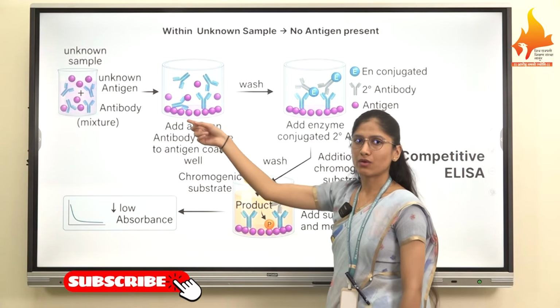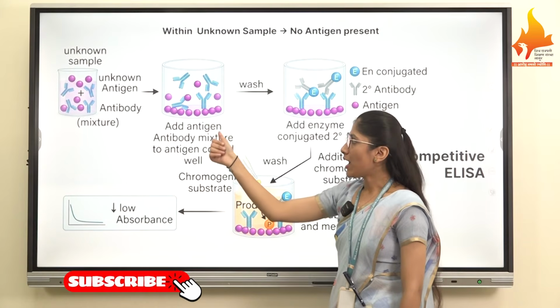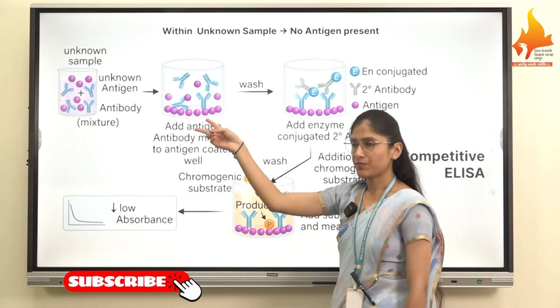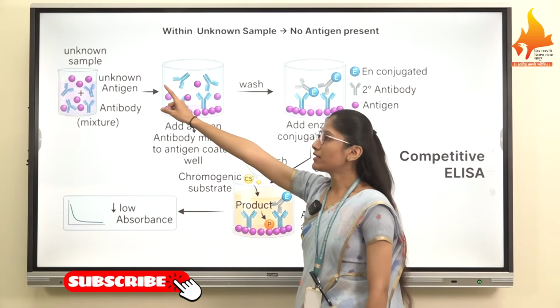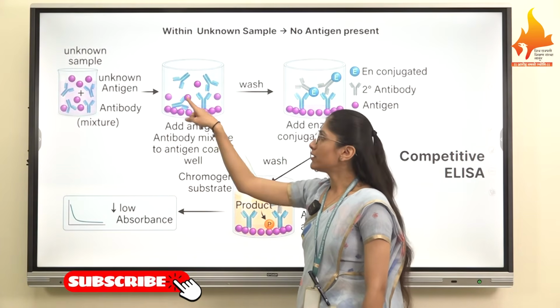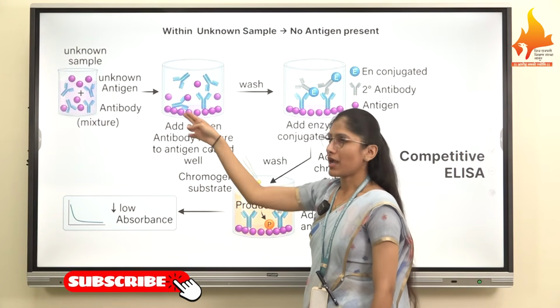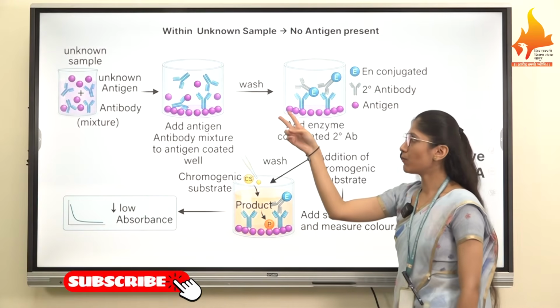Antigens are present on the surface of the microtiter plate. Then we add the antigen plus antibody mixture to that well. If the antigen is absent in the unknown sample, then the free antibody binds to the coated antigen. Then washing is required.